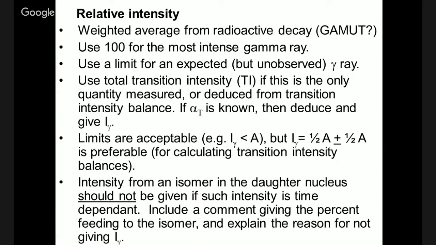Now, if I populate different levels with different intensities in a reaction, is there any way to catch that information in ENSDF? No. You have to give the intensities by level, because different reactions populate the levels differently. Of course. That's the problem. The only thing I know is you put it per level.